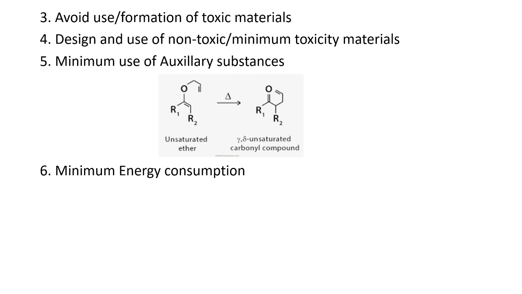Another way of saving energy is to go for refluxing or use of microwave radiations. Can you use it? Can you use photochemical reactions? Is it possible to use solar radiations or extract energy from waste products? So there are n number of ways by which you can produce green energy.